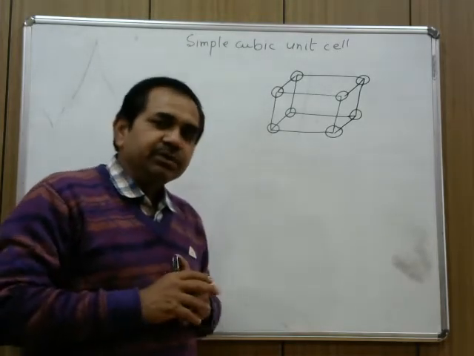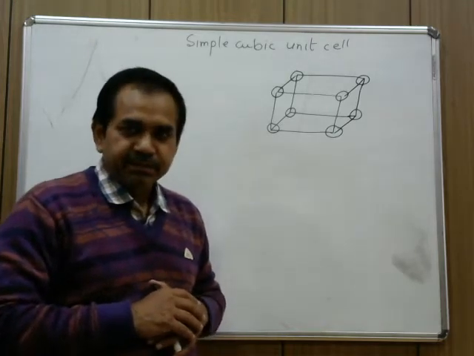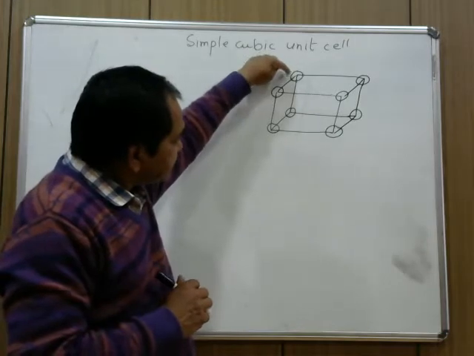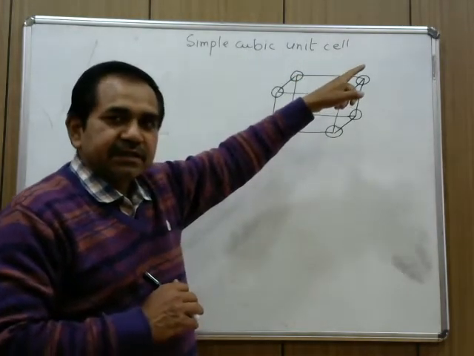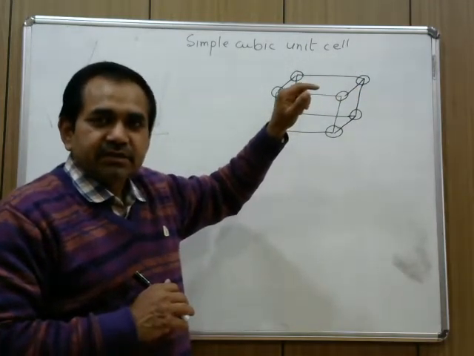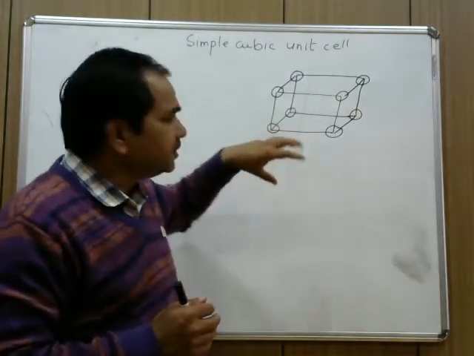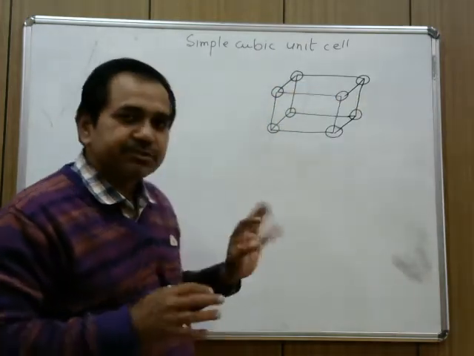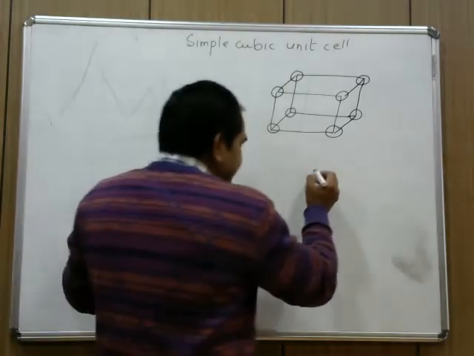Now, in order to calculate packing efficiency or packing fraction, these particles present at the corners are touching each other. So if we look from the top, or from any face, something like this is seen.